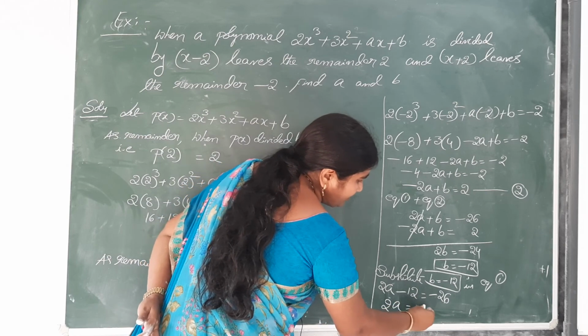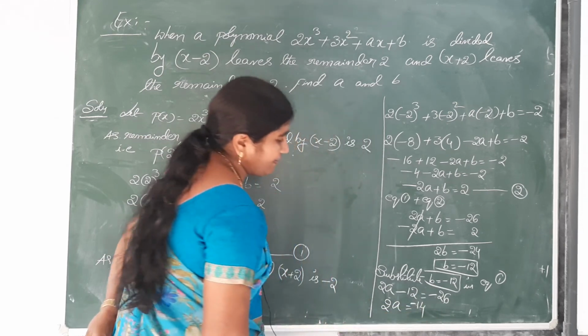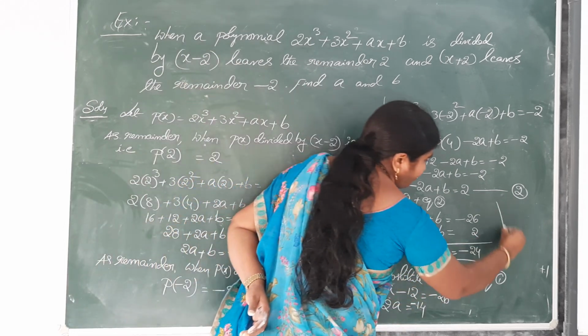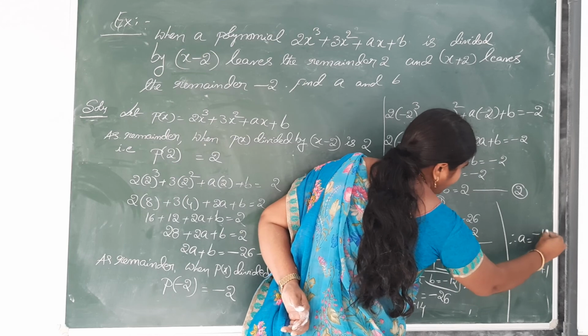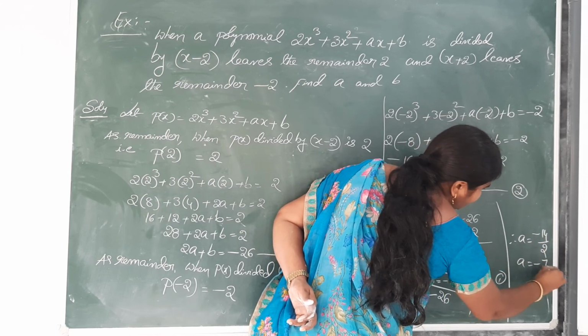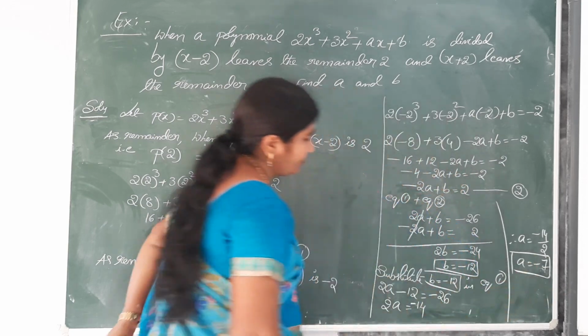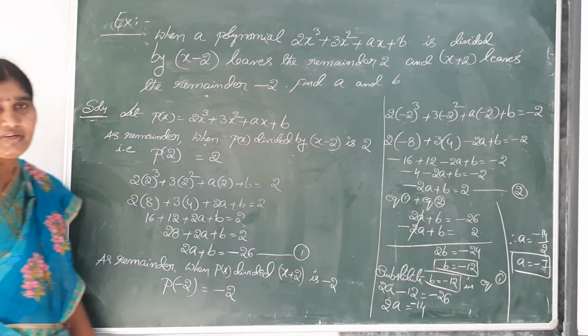Minus 26 plus 12 is minus 14. Therefore, a equals minus 14 by 2, a equals minus 7. Here b equals minus 12, a equals minus 7.